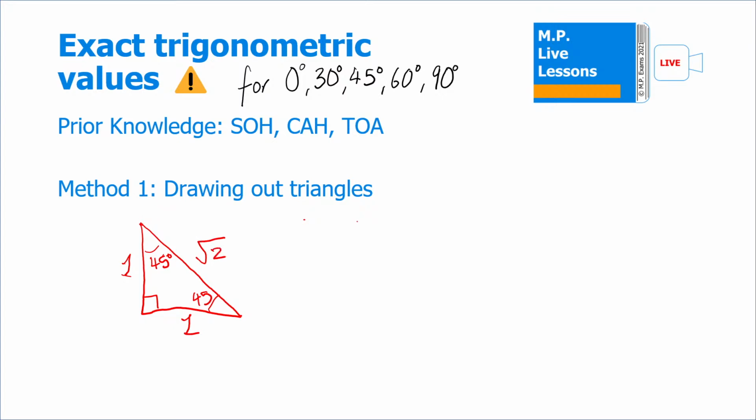And we can see a few things. For example, sine 45, cos 45, and tan 45. So sine 45, this would be opposite if we just ignore one of the angles.